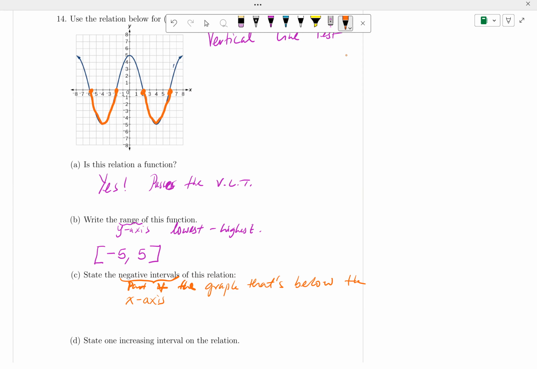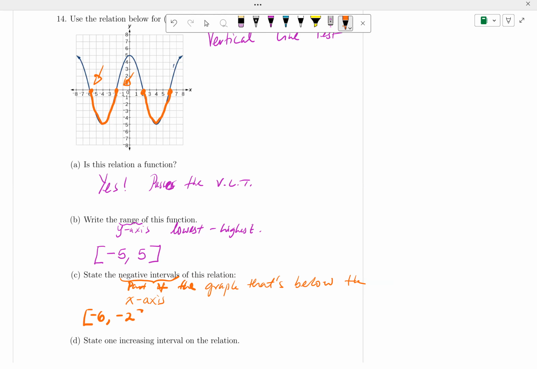So we want to say those sections that are below, and we give those sections based on the x values, where this starts here from -6 and ends at -2. So the part where the graph is negative is from -6 to -2.